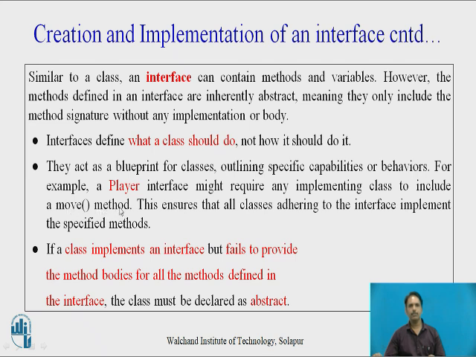If the class fails to provide an implementation for the move method, then the same class will be declared as abstract because it is not implementing the interface methods. So to be a concrete class, the implementing class must implement all the abstract methods defined in the interface that it is implementing.